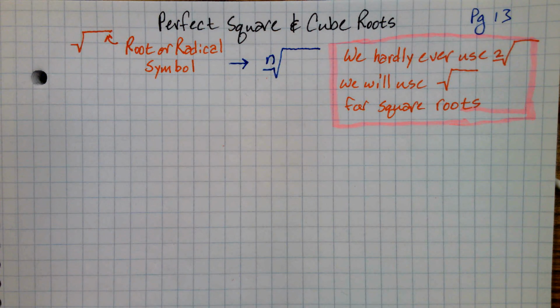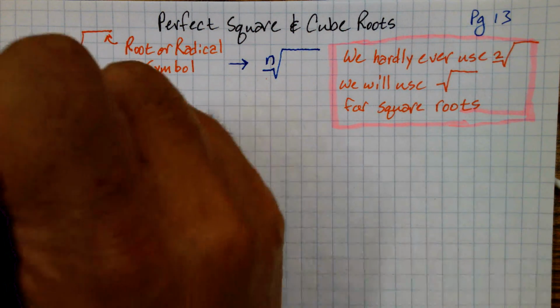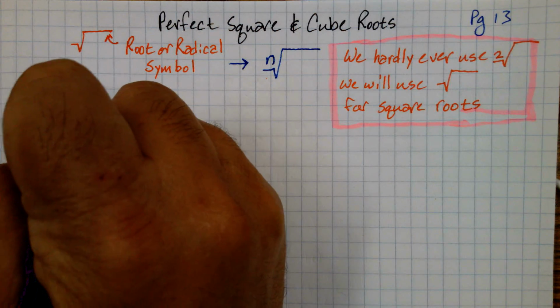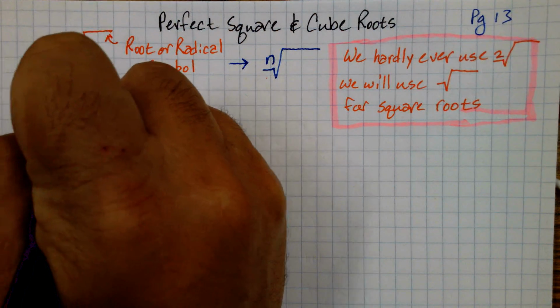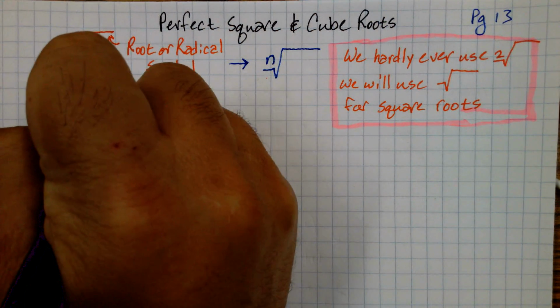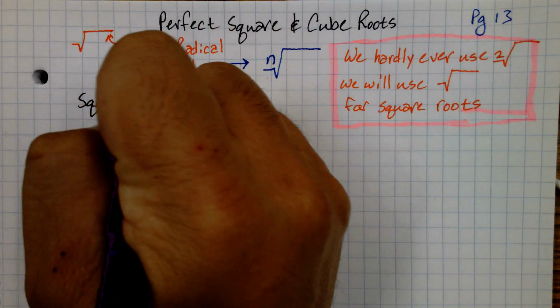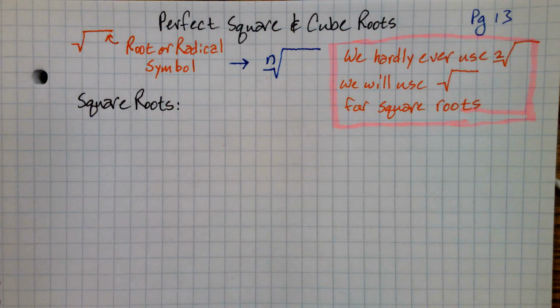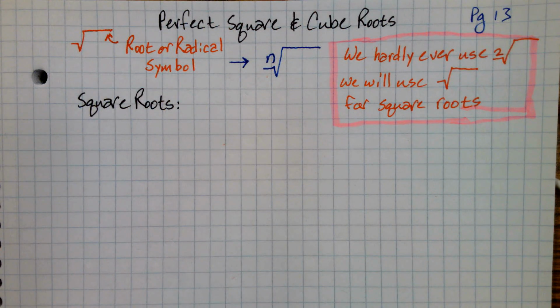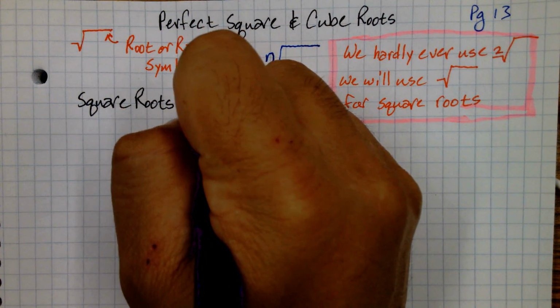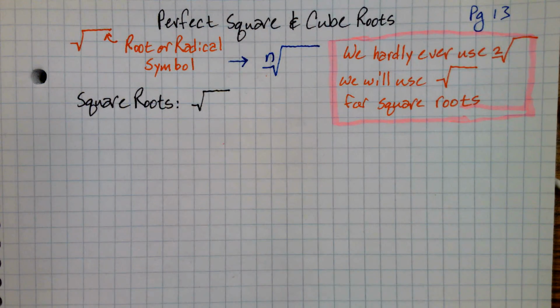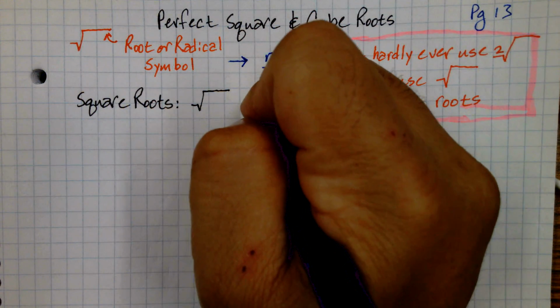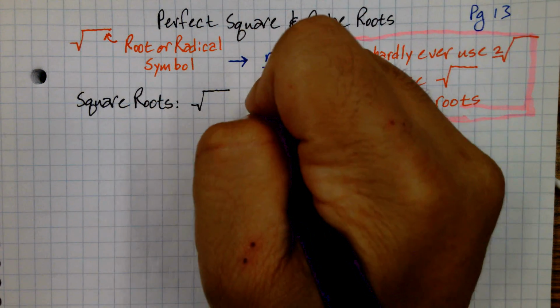And let's talk about what square roots are. Square roots is when we use that symbol. It's basically the opposite of squaring a number.